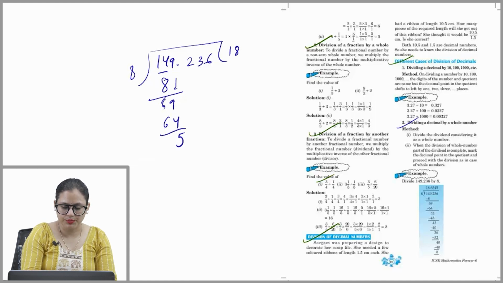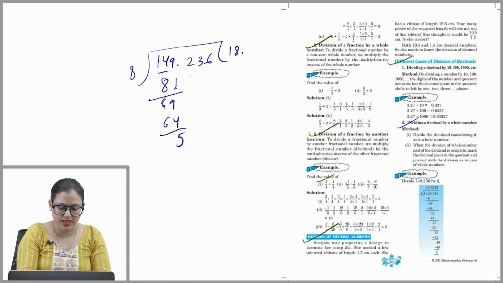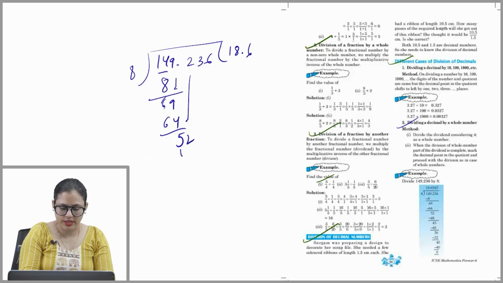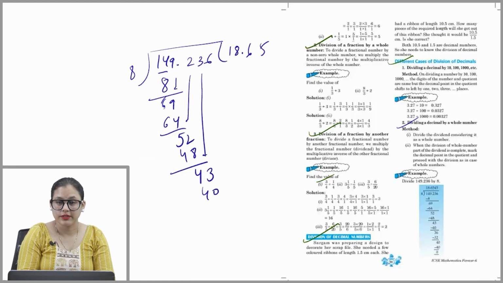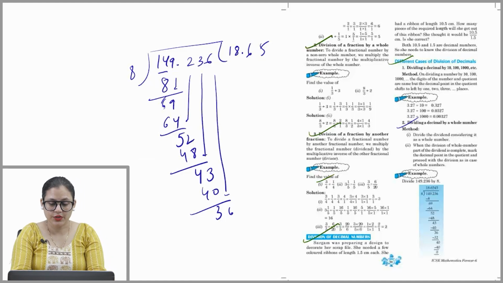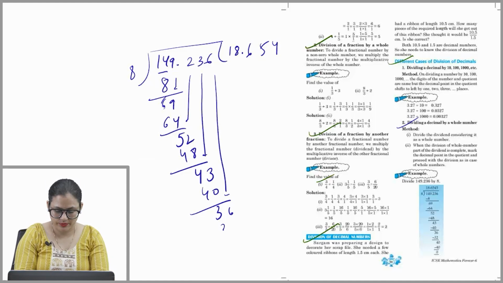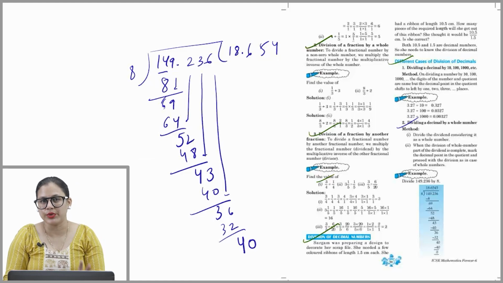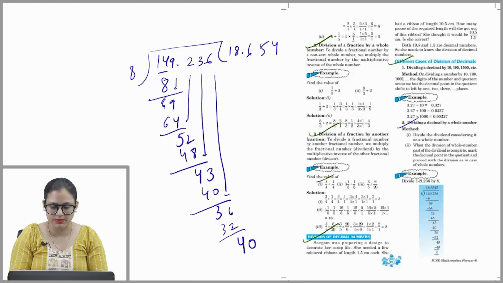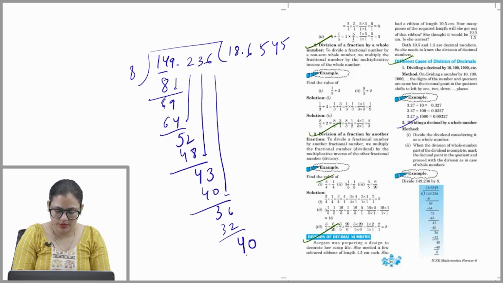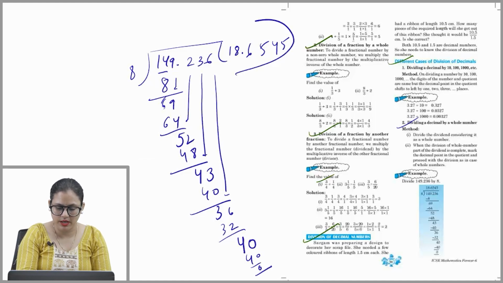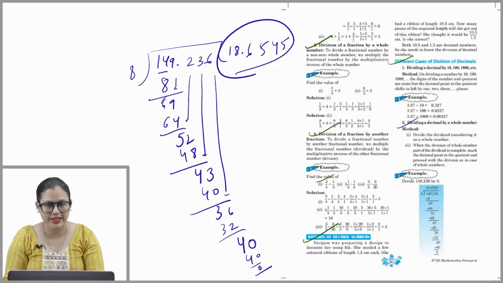Now there is a decimal, so put a decimal here, bring down 2, 8 sixes are 48, 12 minus 8 is 4, and then 3, 8 fives are 40, 3, and then 6, okay, 8 fours are 32, 4, and then you can add a 0 here because there is already a decimal. So 8 fives are 40. Okay, so this is the answer, 18.6545, right?